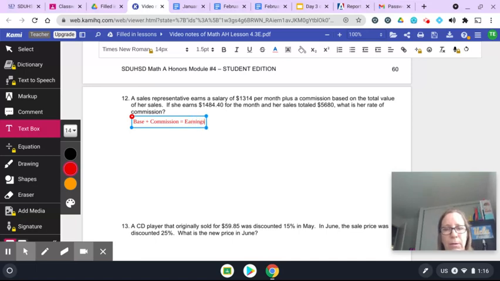Okay, so I have to think about what I'm doing. And I don't know her rate of commission. So my X is going to be my rate of commission. So let X equal commission rate. So for me, this is going to be in decimal form.